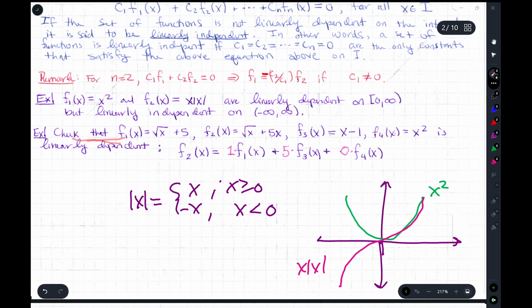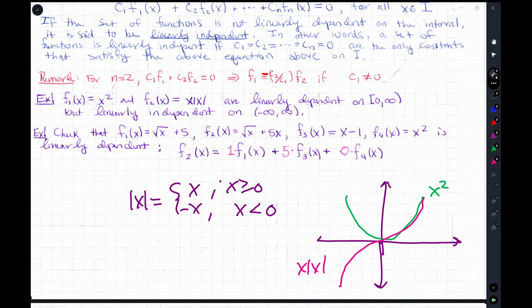And let's look at another example here with more than two functions. We want to check that these are linearly dependent. Here you could play around and try to write one of them as constant multiples and sums of the others.